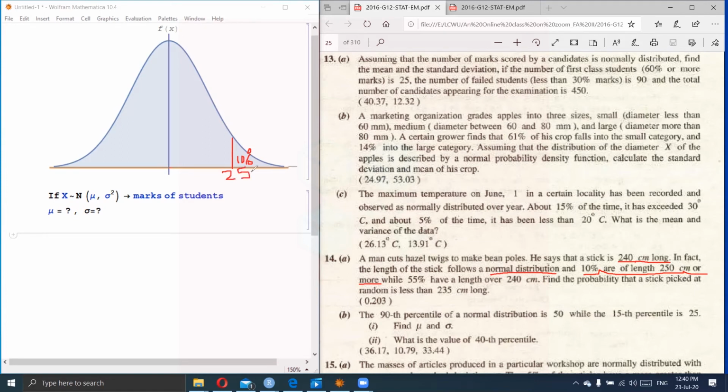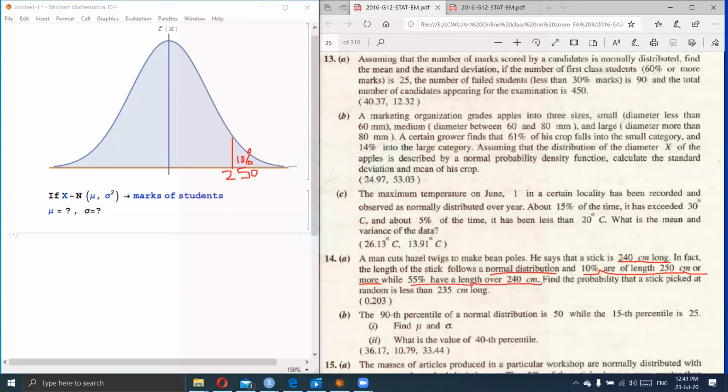This point is 250. By using this information, that probability greater than 250 is 10%, while there is one more equation, 55% have the length over 240.